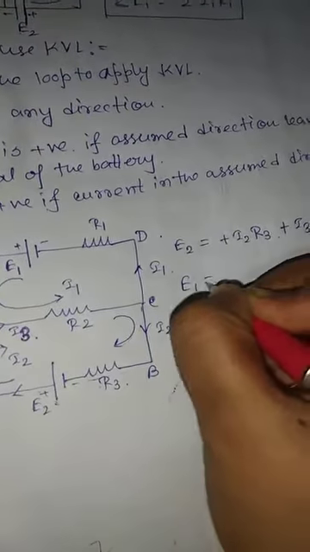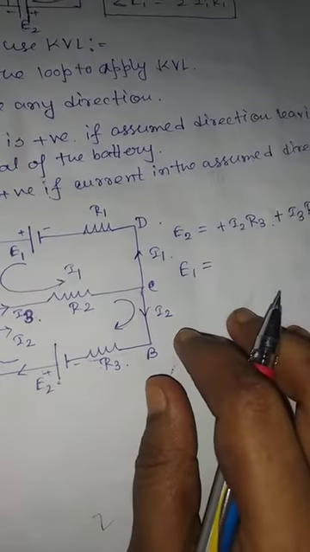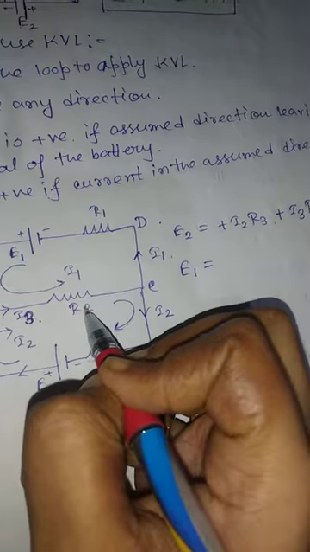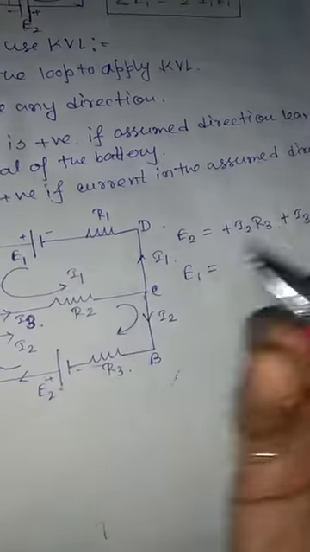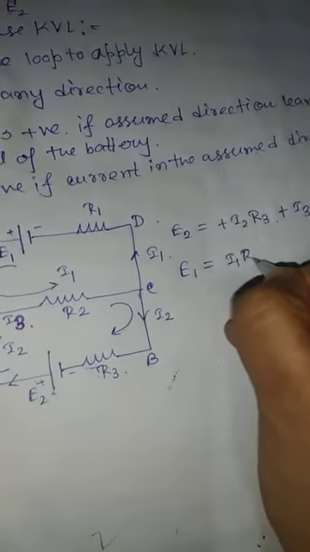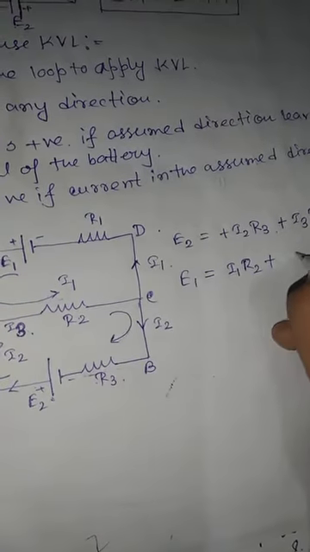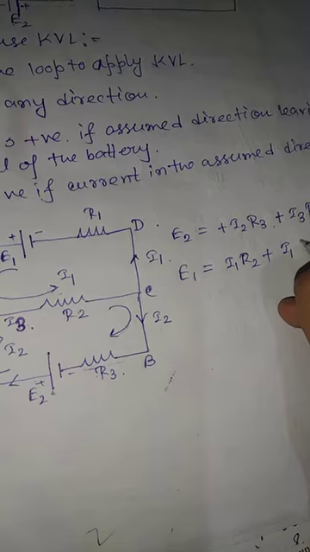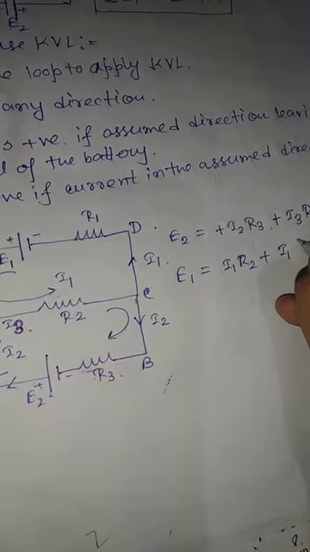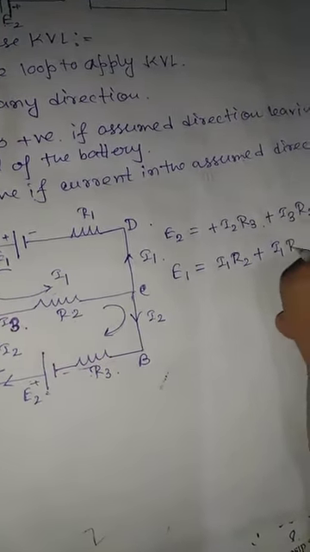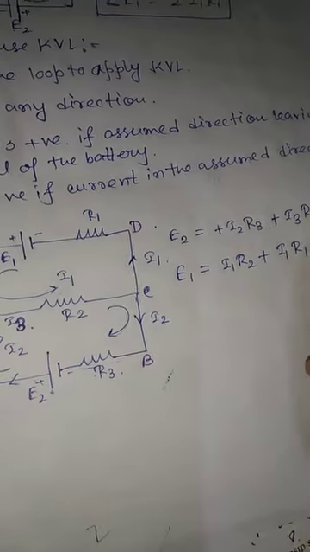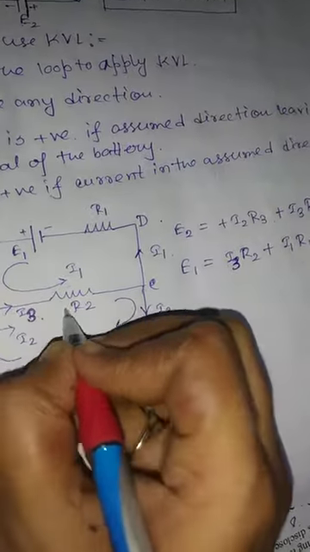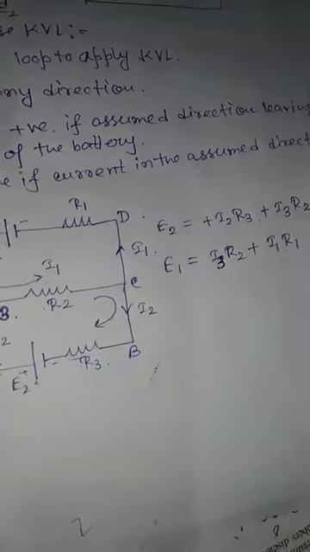So E1 should be equal to I1 R2, from here I1 R2 is going on, plus I1 R1. And through this I3 is going on, so I3 R2, I1 R1.